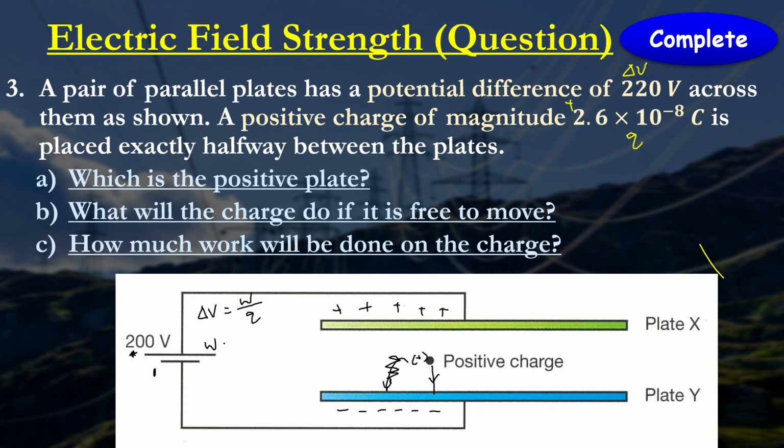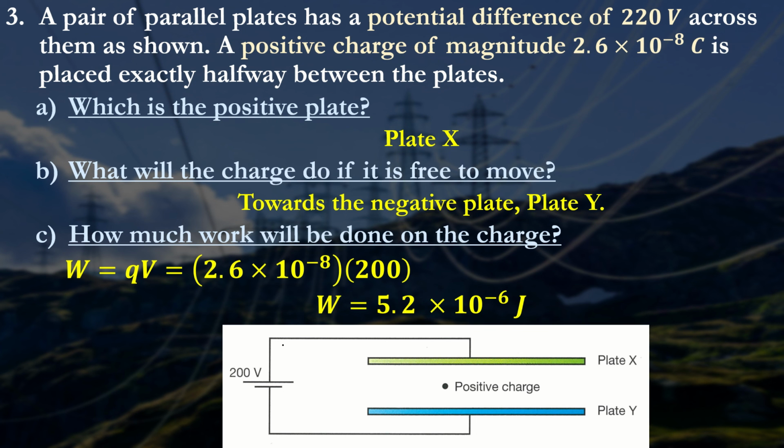So the work done is potential difference times the charge. In this case, it's 220 times 2.6 times 10 to the power of 8. And that's going to be your answer. Because it's work done, it's in joules. So you do that. So in this case, that's 5.2 times 10 to the power of 6 joules.